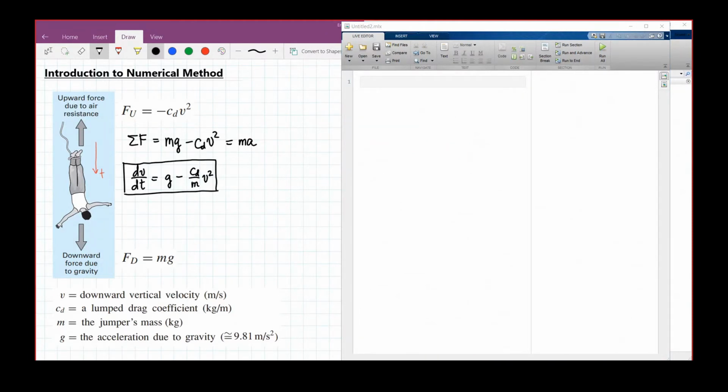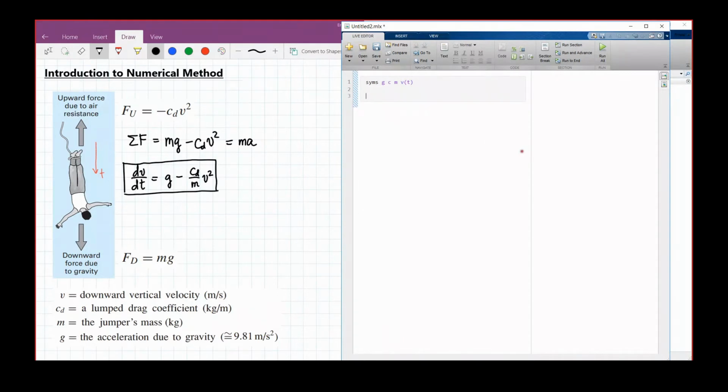Okay, so let's do the symbolic math first. So our variables will be g, c, m, and then v will be a function of time.